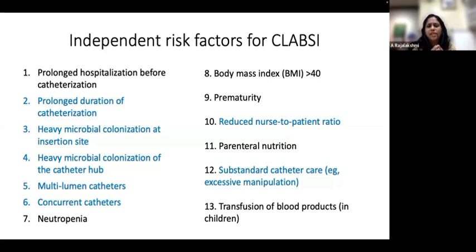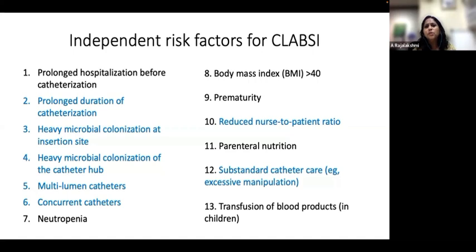But if you can make an assessment daily and reduce the number of catheters, again, you can bring down the CLABSI rate. Reducing the nurse to patient ratio is always a challenge in the Indian scenario. If your nurse patient ratio is big, the more the number of patients have to be taken by a single nurse, your infection prevention practices will come down. So that's a challenge. But still, the basic maintenance bundle should be followed for any catheter access that is done.